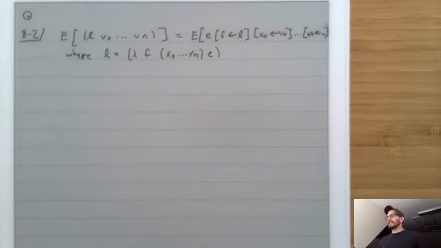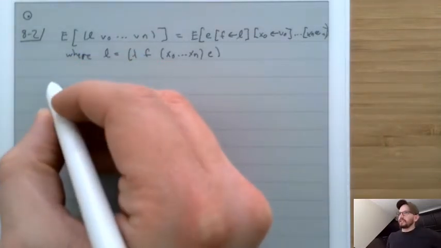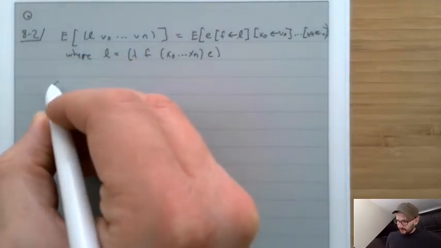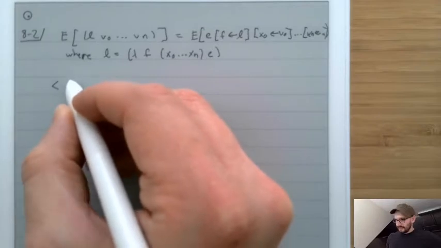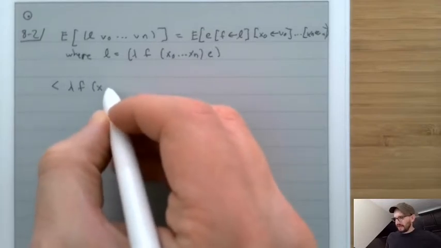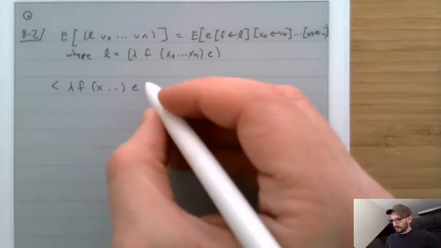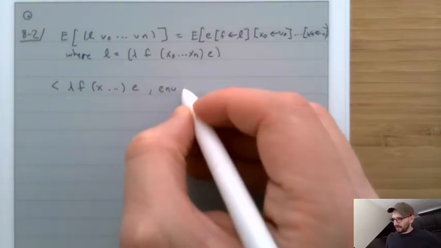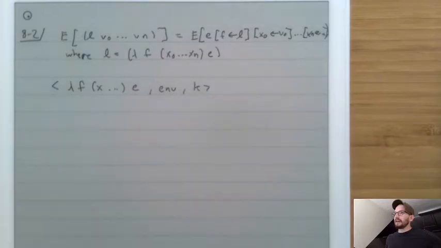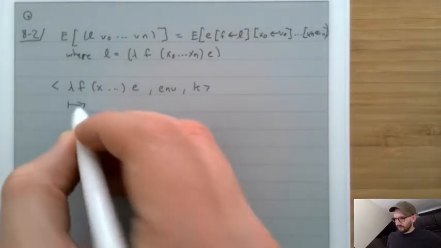We then need to change the CK machine to deal with it as well. So the CK machine is going to change in the following way. We're going to add a rule that says lambda f x ... e, that's for the body, and an environment, k, is now going to go to something new.